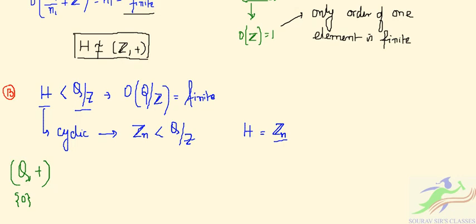It will be of finite order, right? Z1, and so we can write it over here, one finite subgroup.